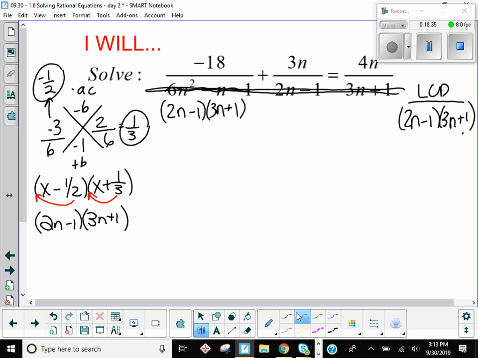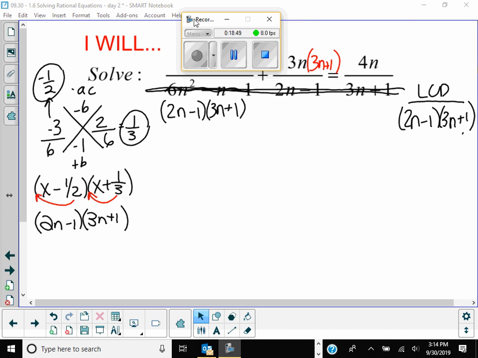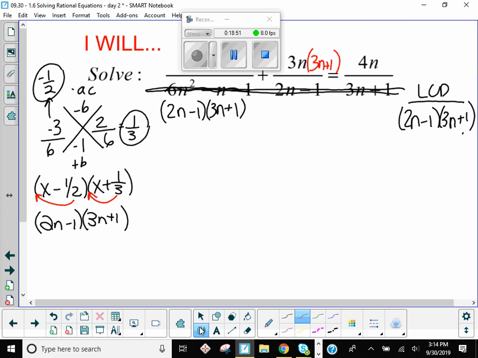In the second fraction, what's missing on the bottom? 3n plus 1. So I'm going to multiply the numerator by that. And what's missing in the last fraction? 2n minus 1. So I'm just going to multiply the top by that. So I basically just thought through everything, and I saved myself a whole bunch of writing.